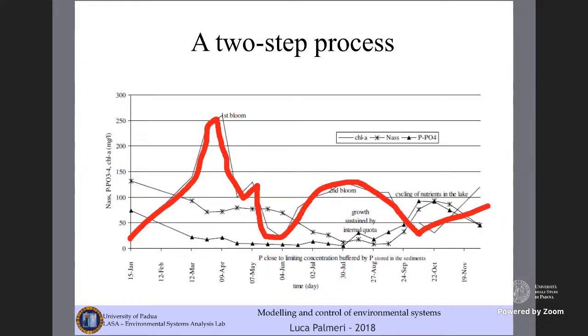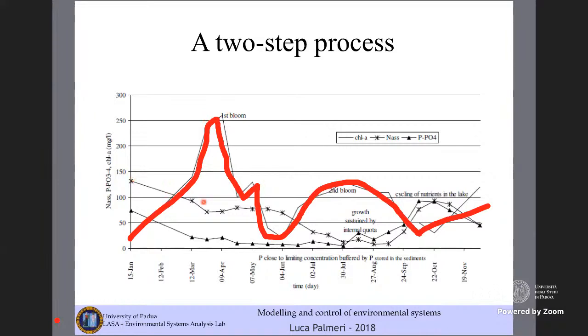And what is happening here is interesting to note: we have a growth of the algal concentration, chlorophyll A, in the beginning of the spring season. So in spring, we have a significant growth.